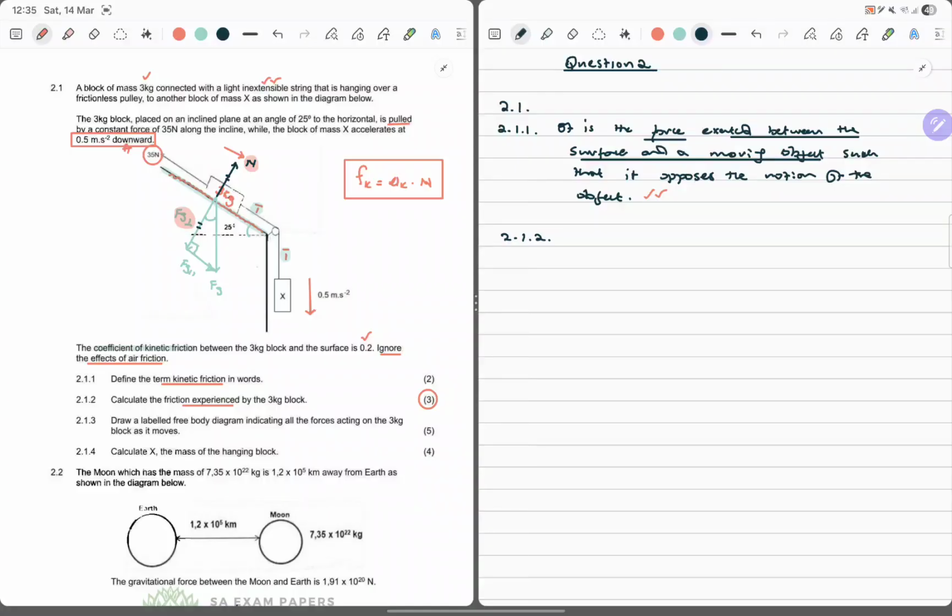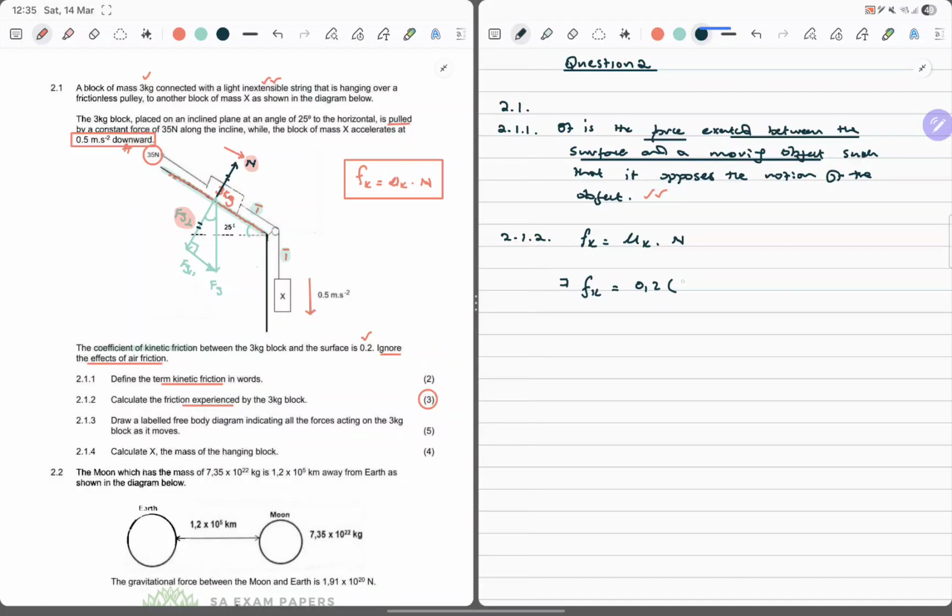But the normal force here is equal to the vertical component of our weight, or the perpendicular component of the weight. Great. So we know, folks, that we can just write Fk is mu k times the normal force. So this implies that our Fk is going to be, what was that? We're told that this is 0,2.